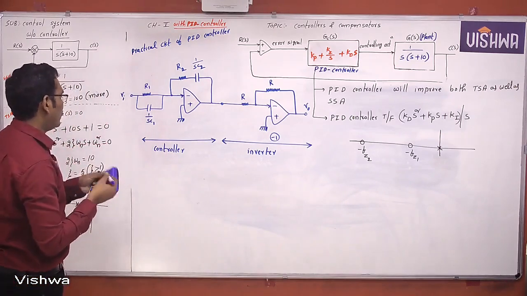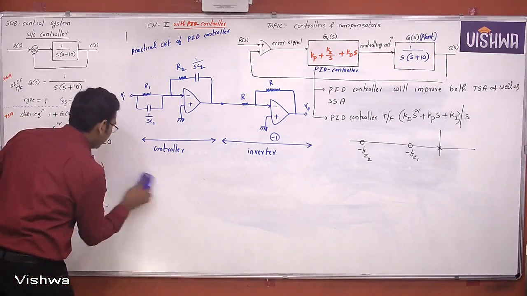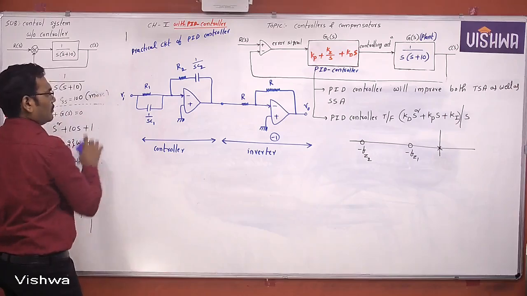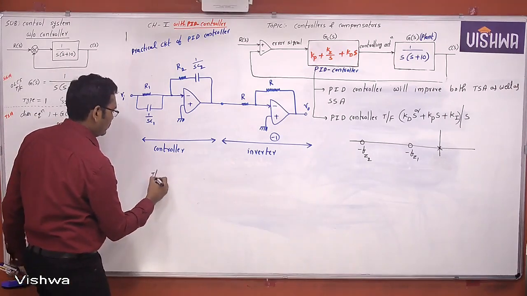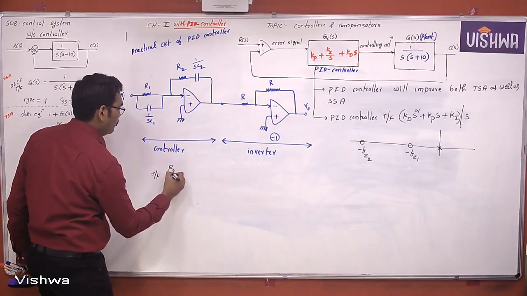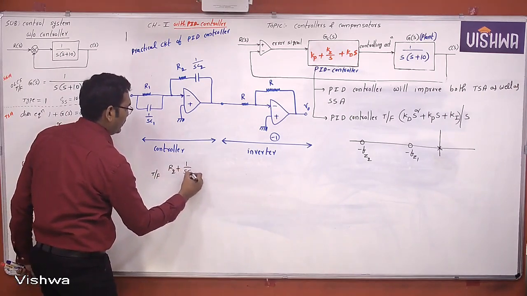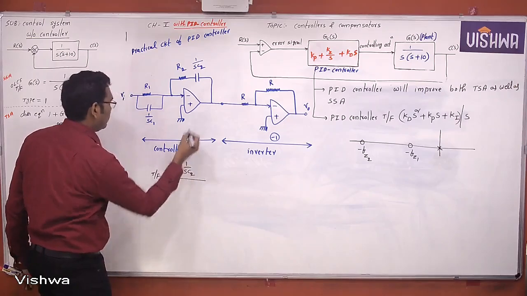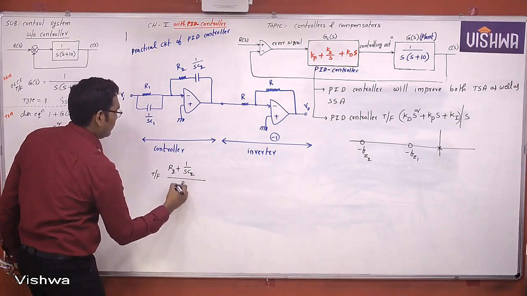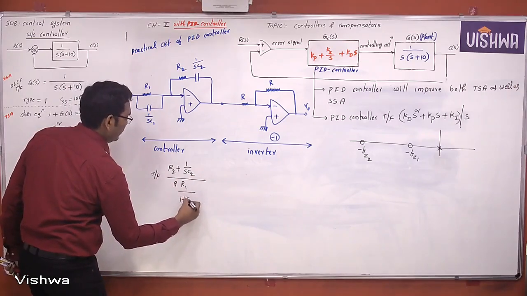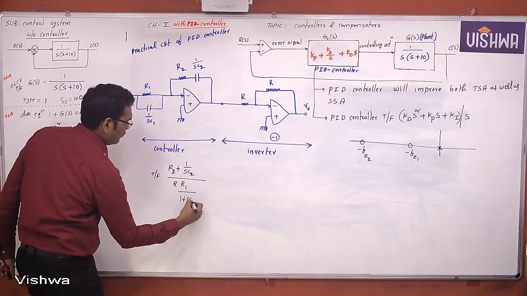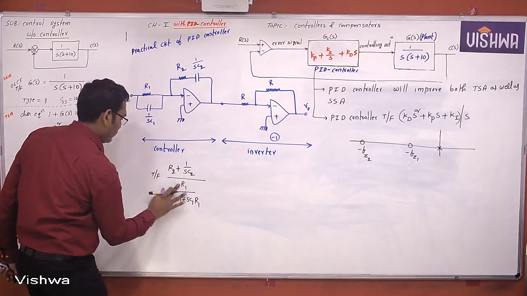Now what is the controller transfer function? The controller transfer function is (R2 plus 1 by SC2) by R1 by (1 plus 1 by SC1 R1), because this is the parallel combination.